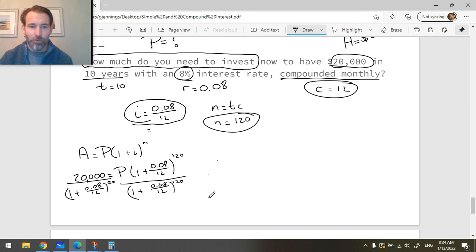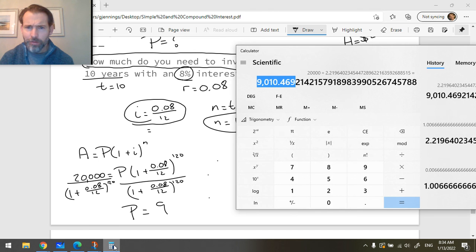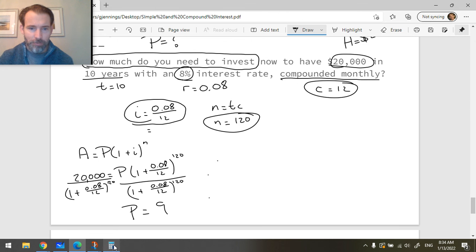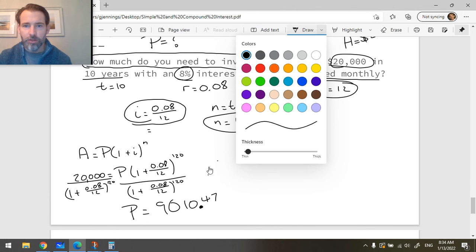All right. So here we have solved for P. P equals $9,010.47. For some reason, I used a comma. There, $9,010.47. So now write your sentence answer.